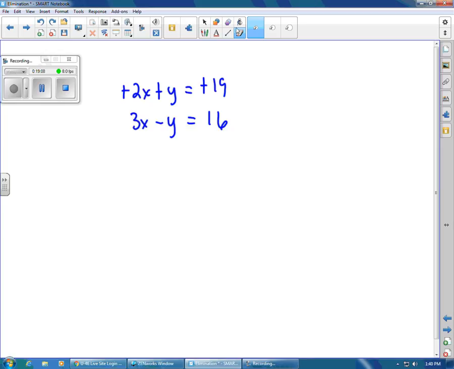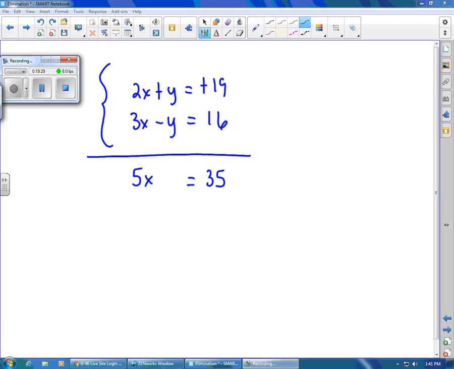Now I am good to go ahead and start adding my like terms down so that I can solve this system of equations using elimination. Please pause the video, do the next step, and then you can check back to see if you have it correct. Okay, when you add the two equations together, you should have 5x equals 35.